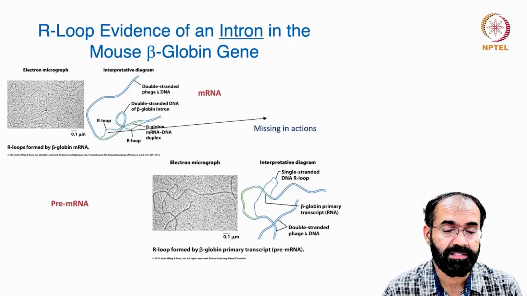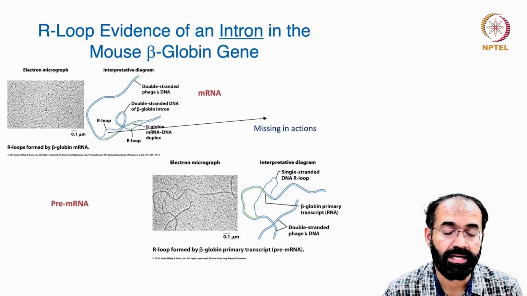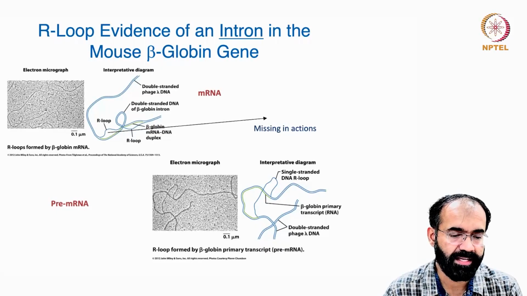R-loop hybridization gives evidence for an intron in the mouse beta globin gene. How does it work? We can see it. This is the real electron micrograph picture you are seeing in the top left side, and then you have a representative diagram here.